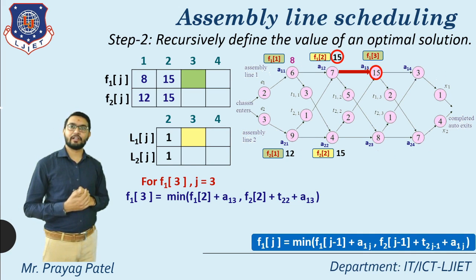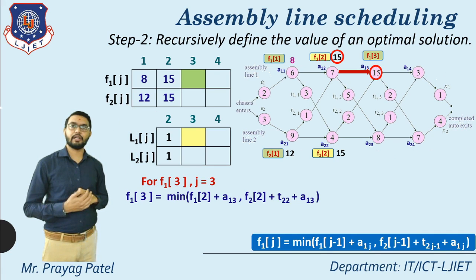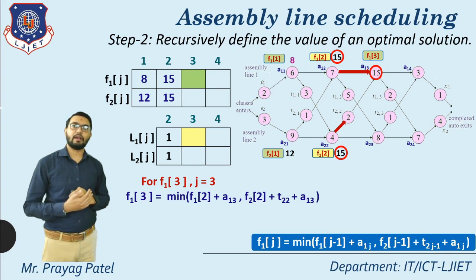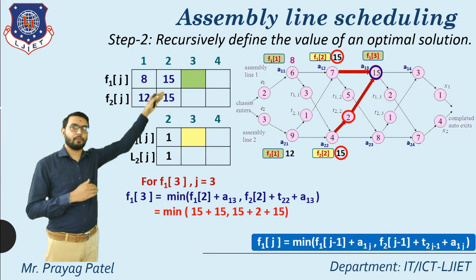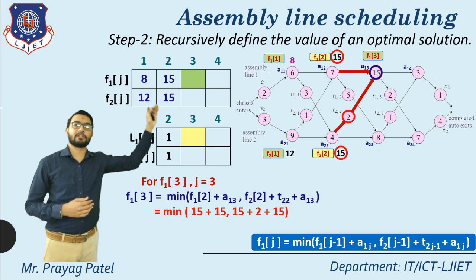Now consider another path from line number 2 to line number 1. The first value is 15 plus the path from 4 to 2, with value 2, then the path to 15 with value 15. So the total is the minimum of 15 plus 15 from line 1, and from the bottom part 15 plus 2 plus 15.